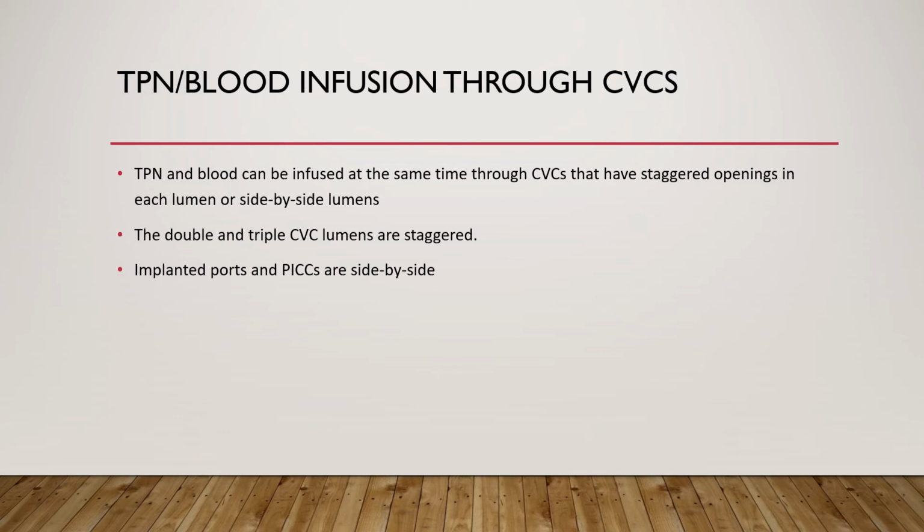So a central line usually has one port opening here, one here, and one slightly here. Proximal, medial, distal, like this. And the PICC lines, if they have two lumens, then they will be side by side like this. These are at different levels, so we can give TPN and blood at the same time if we want.